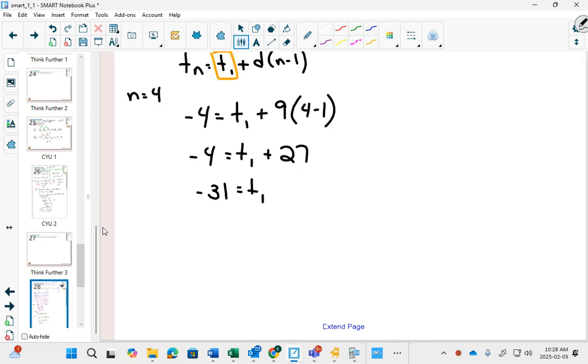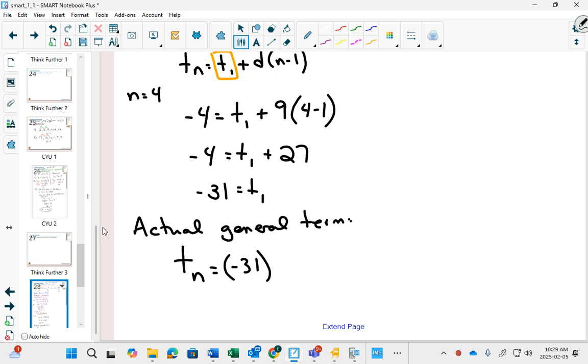And once we have term 1 and D, it doesn't ask us this in this question, but we can write the actual general term: it is going to be negative 31 plus 9 times n minus 1.